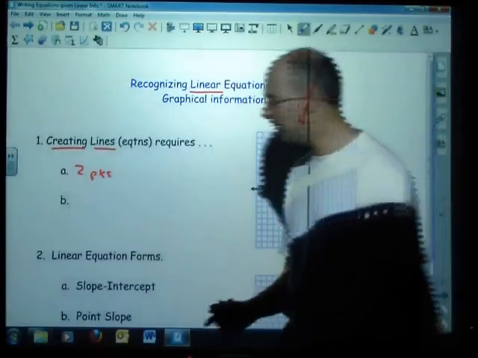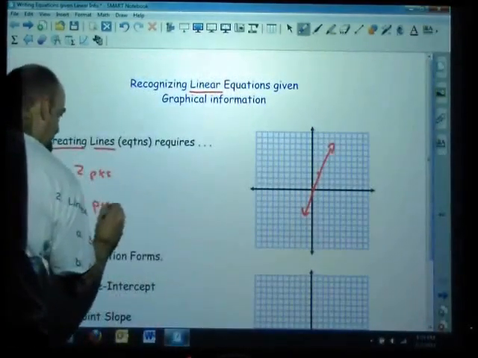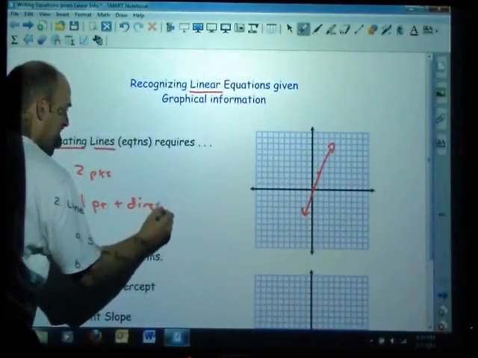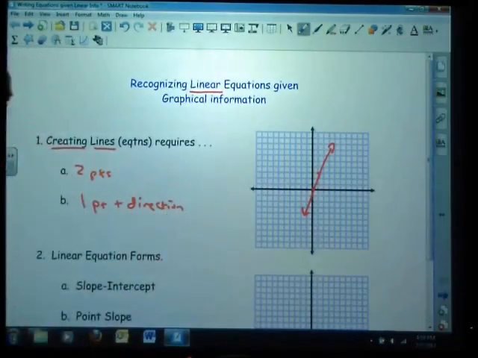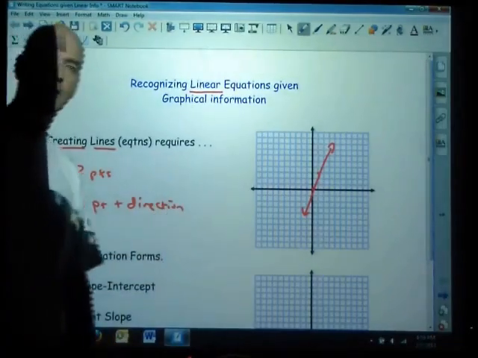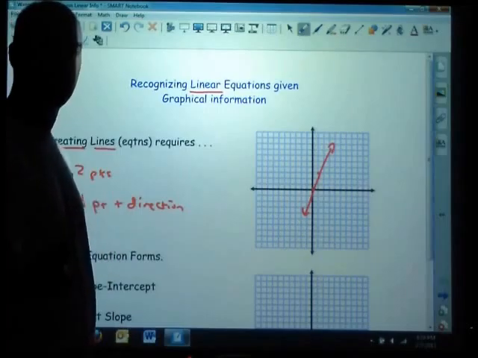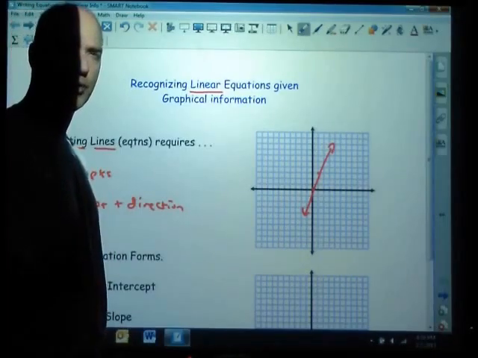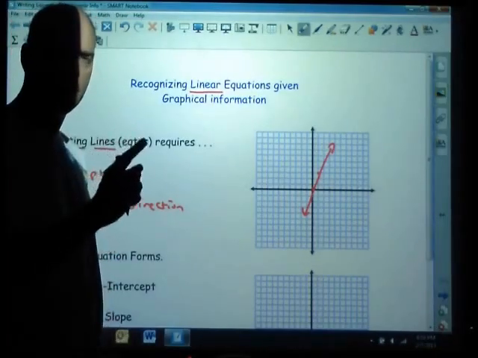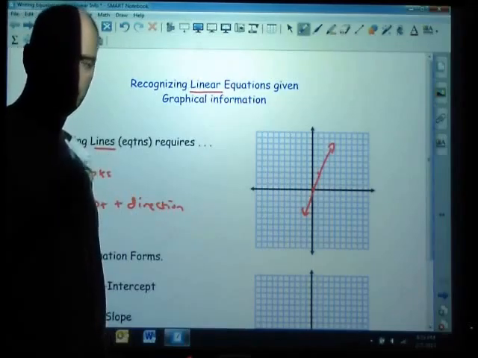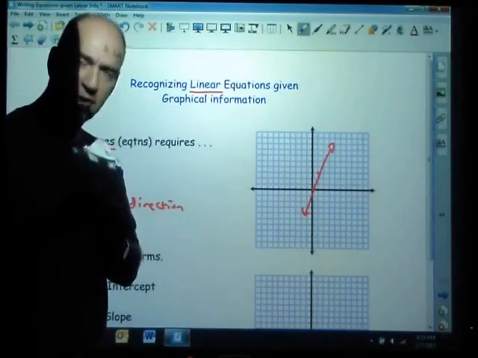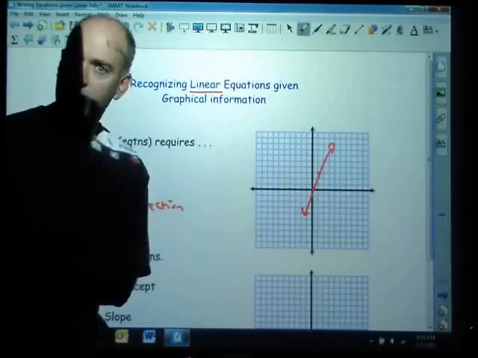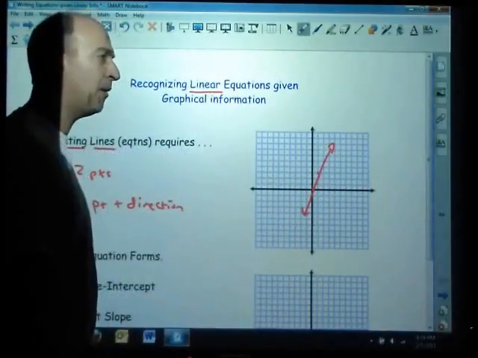The other way you can make a line, kids, is 1 point plus the direction. If I said I'm thinking of a point on a map in Minnesota called Worthington, and I'm thinking of a road that goes east and west from Worthington, I hope I-90 would come across your mind. A point with a slope, with a direction, can indicate a road.